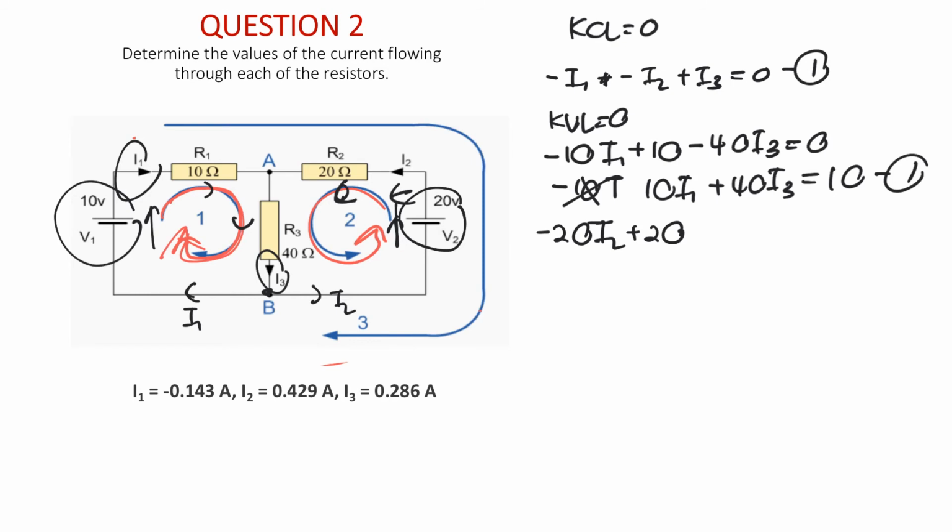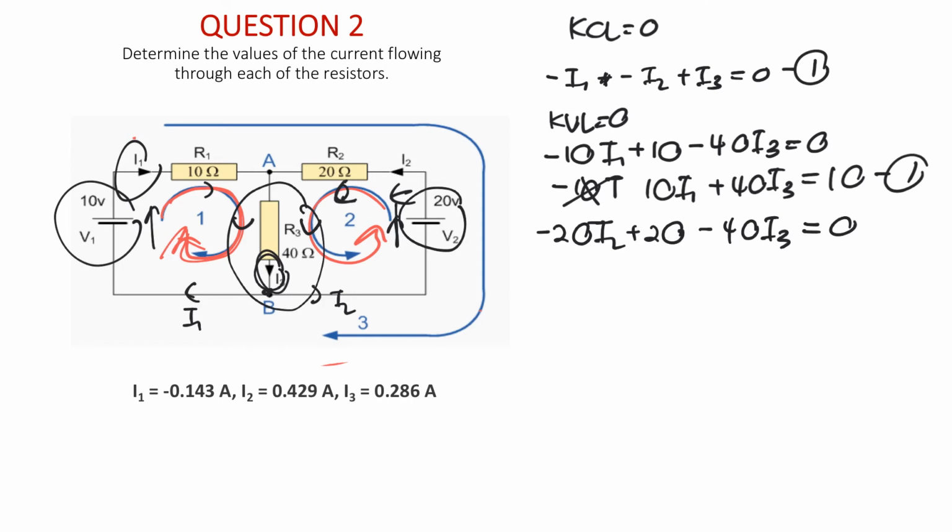And here I need to include also the R3, because it's basically one loop. My assumption loop and my current inside the circuit are in the same direction, therefore I'm going to get negative 40 I3, and it's equal to 0.